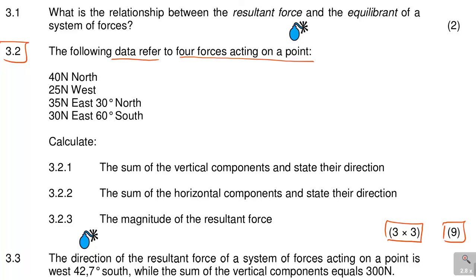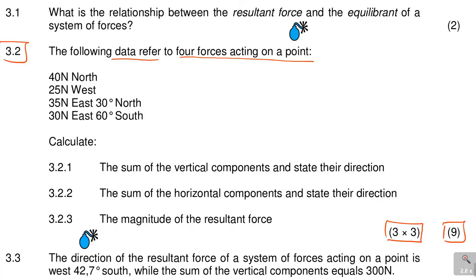So I'm going to do this on a fresh page. If I'm to draw these forces, just to make it much clearer for you, we have got my Cartesian plane like this, and in the Cartesian plane I have got my y and I've got my x.